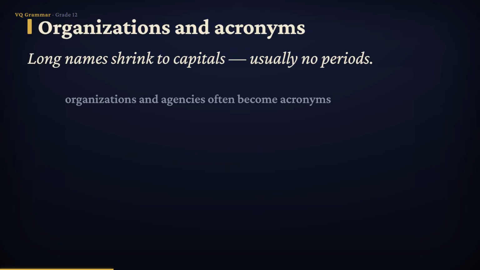Next, organizations and agencies. When a group's name is long, we often shrink it to an acronym, the first letter of each important word, written in all capitals and usually with no periods. Think of NASA, the FBI, the UN, even a measurement like mph for miles per hour.